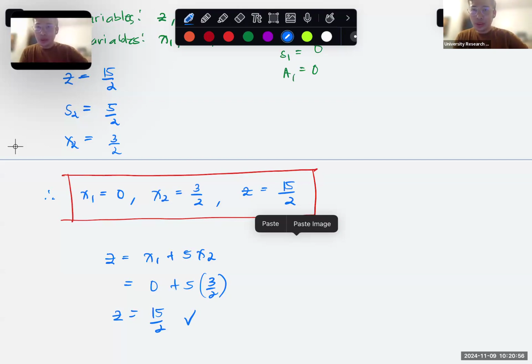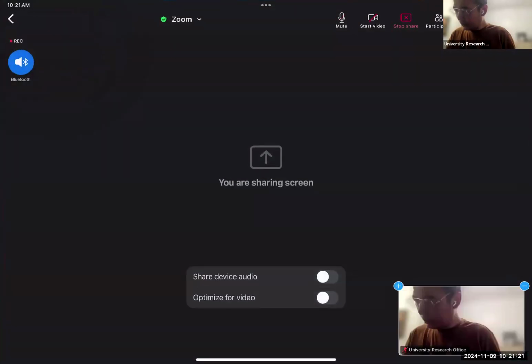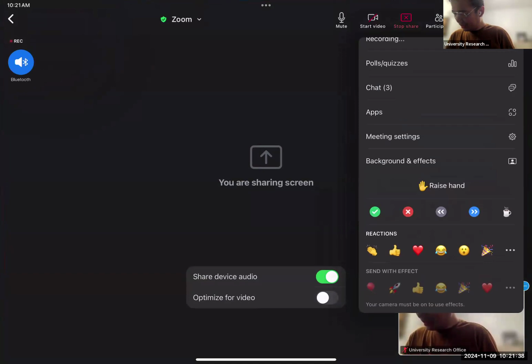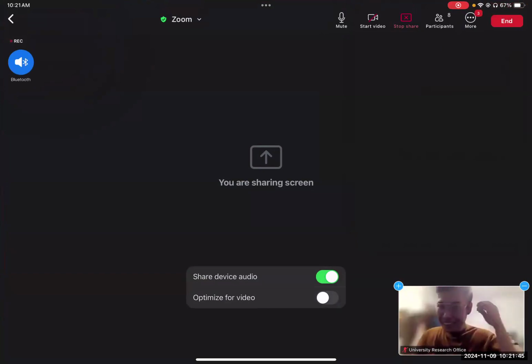Ang problema ko, hindi ko ma-connect ang AirPod. Hello.